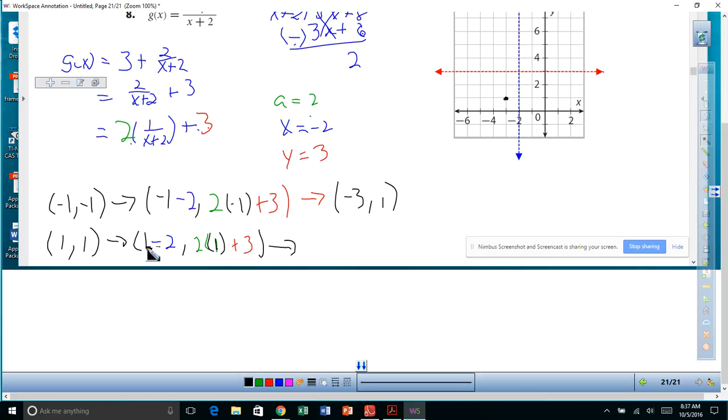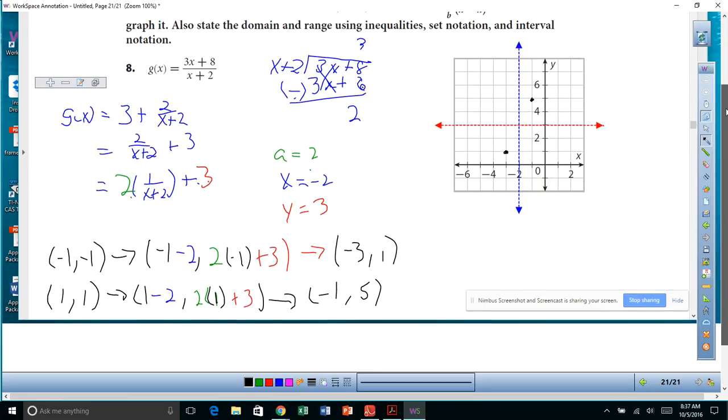And what does that get? 1 minus 2 gives us negative 1. Negative 1, okay. And then 2 times 1 is 2, plus 3 is 5. So we got negative 1, 5. And that's going to be right there. Okay, so let's go up here and draw that.